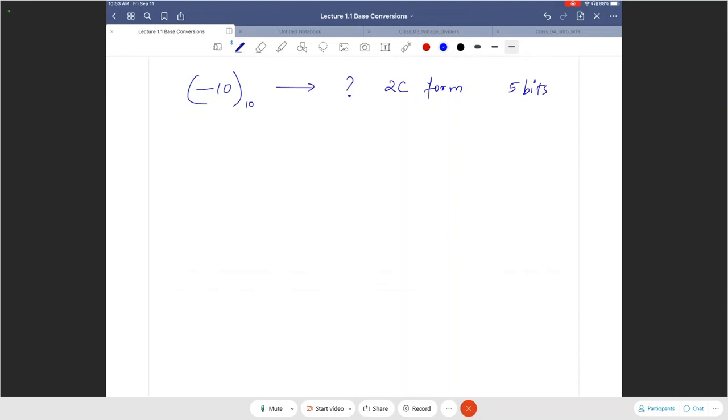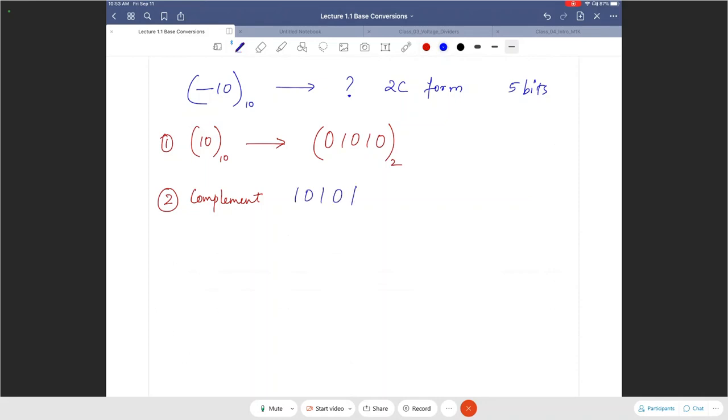So what do I do? First step was what? Start with 10. 10 represented using 5 bits will be 0, 1, 0, 1, 0 in binary. Second step is what? Complement each bit. Oh, sorry, that is the second step, not add 1. When you complement each bit, what do you get? 1, 0, 1, 0, 1.